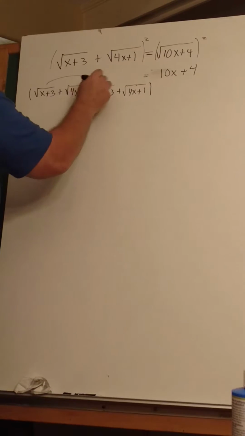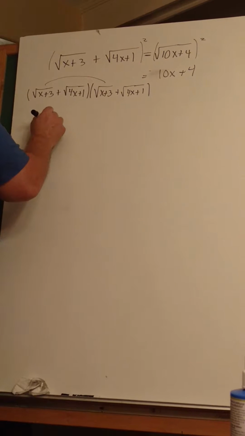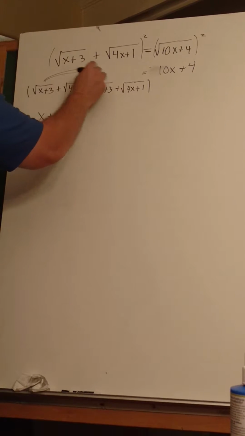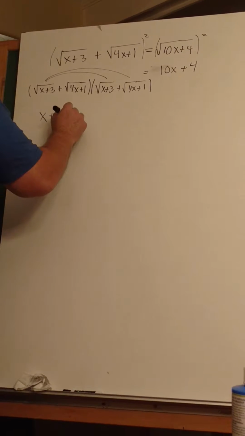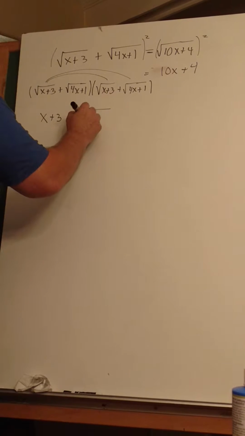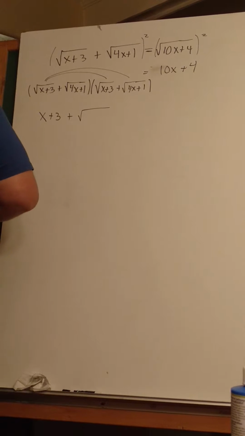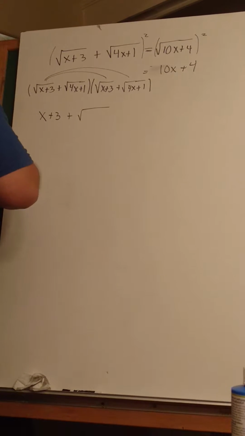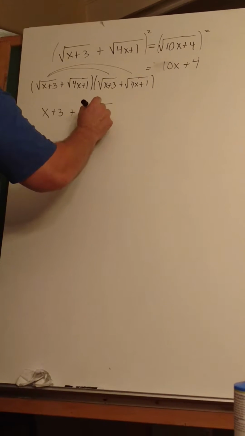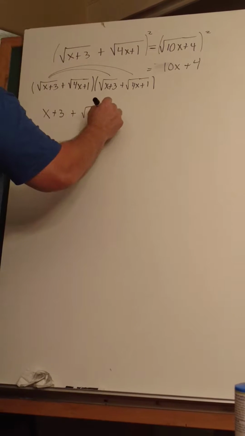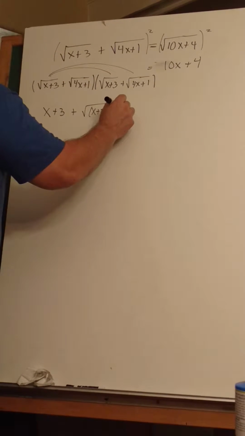Well, I know when I do this, I'm going to get x plus 3, right? But when I do this, I'm going to get plus the square root of x plus 3 times 4x plus 1.